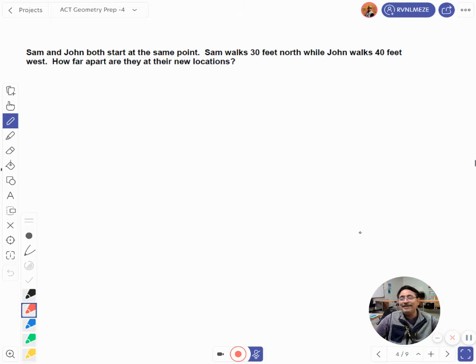Well, the point is, if you take any map, north is always right at the top, and south is at the bottom. East is on the right side, and west is on the left side.